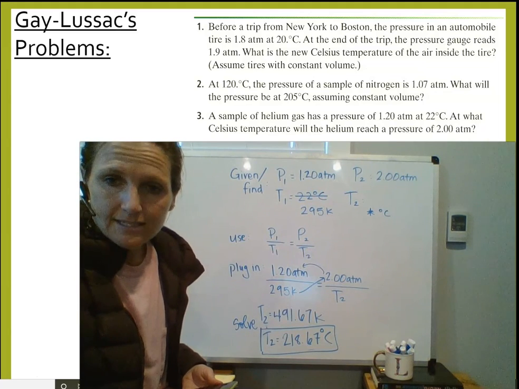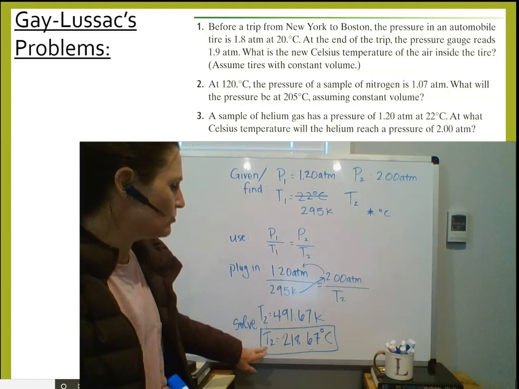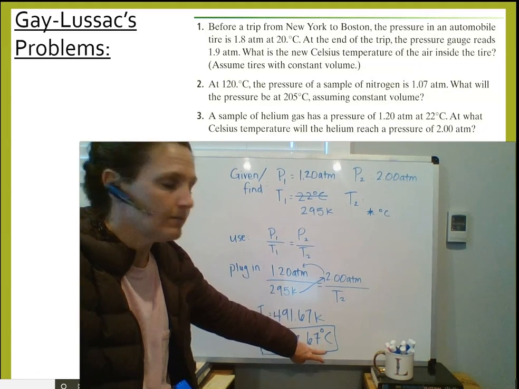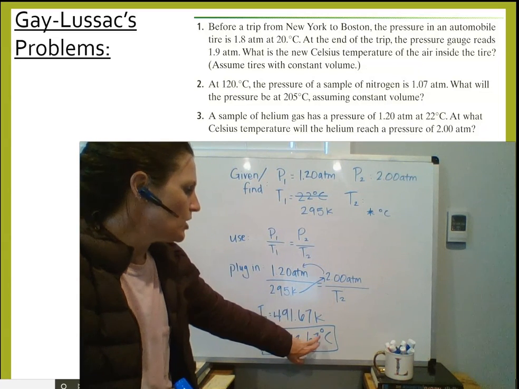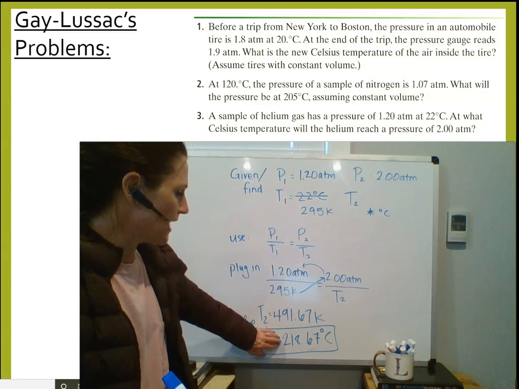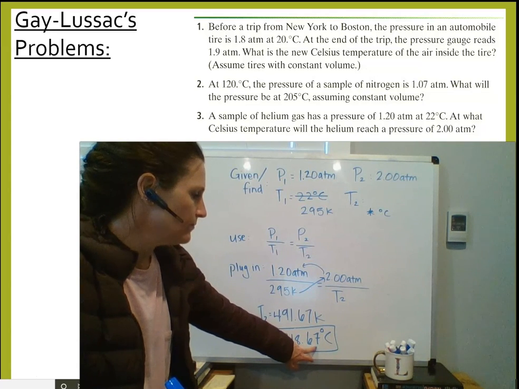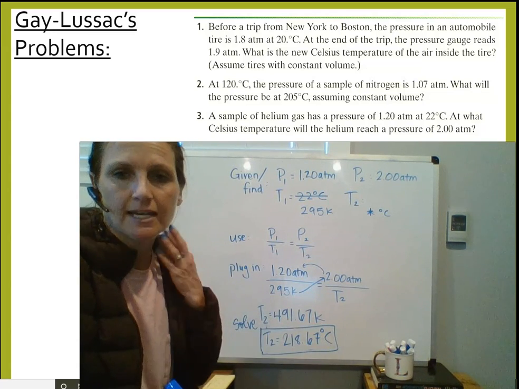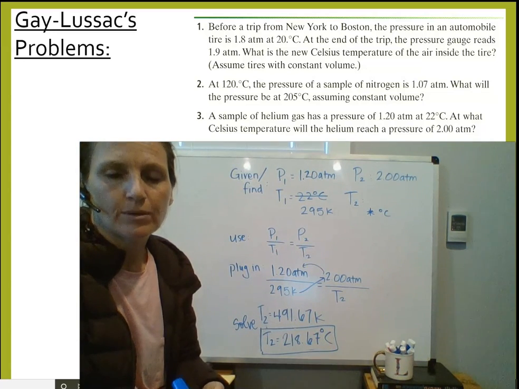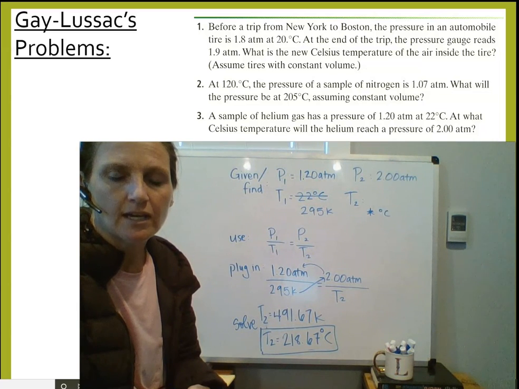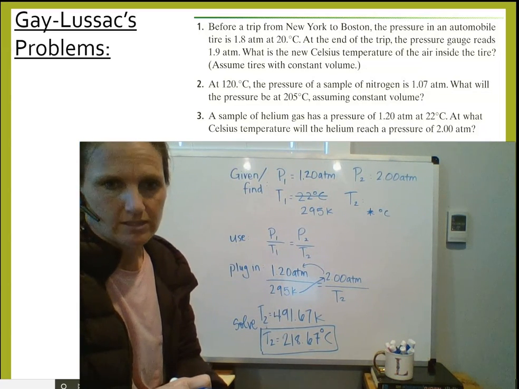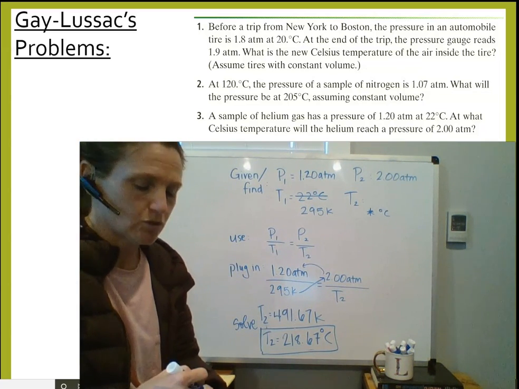Now, one last thing about degrees Celsius is that Google Form does not support adding degrees Celsius. So if you were to put this unit on the test, you would put in 218.67 space and then just a C, because I don't believe that it supports entering the degree Celsius. So on a test or quiz, you could do just the C.